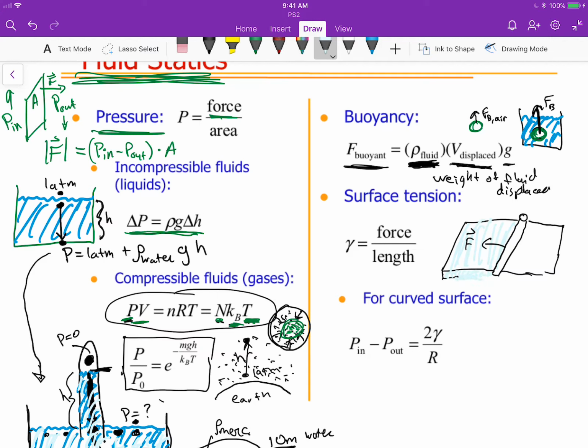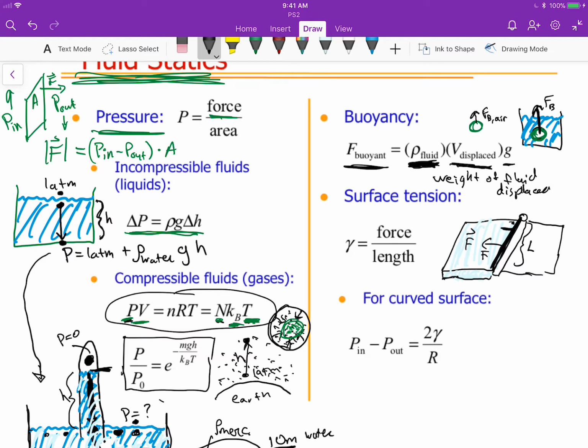So let me try to draw this for you. Basically, you have a fluid surface on the top. Okay, let me first draw the length of this thing, which is L. And so the top surface is going to have a force along right here.